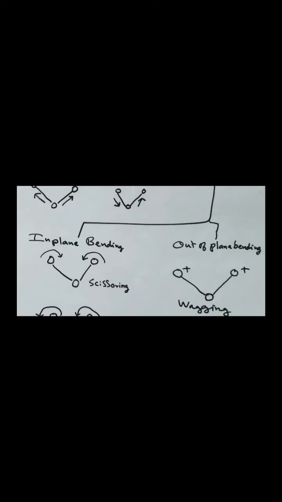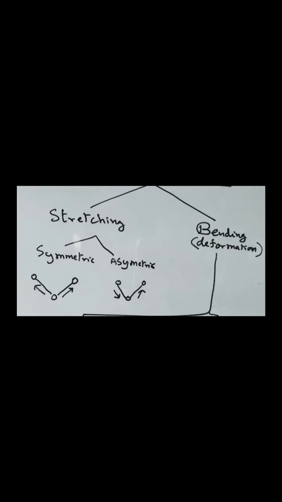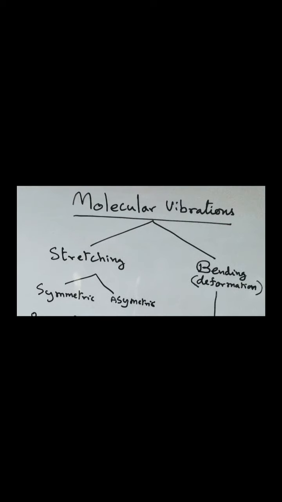Now let us try to understand the causes for the absorption of electromagnetic radiation in the infrared region. The organic molecule is made out of several atoms.